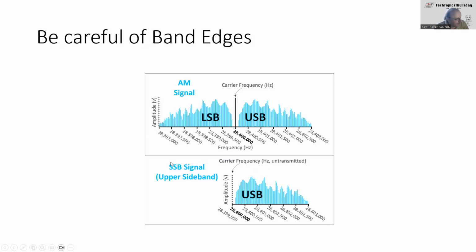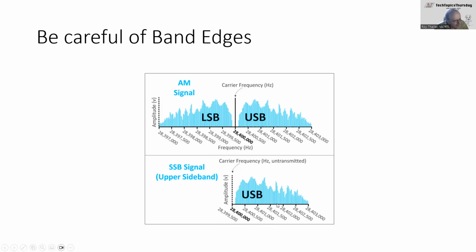If you're just doing single sideband, you're just going to have your upper, since single sideband takes out the carrier frequency. As you can see, it goes from 28.4 megahertz all the way up to 28.403. So all these frequencies you are using.